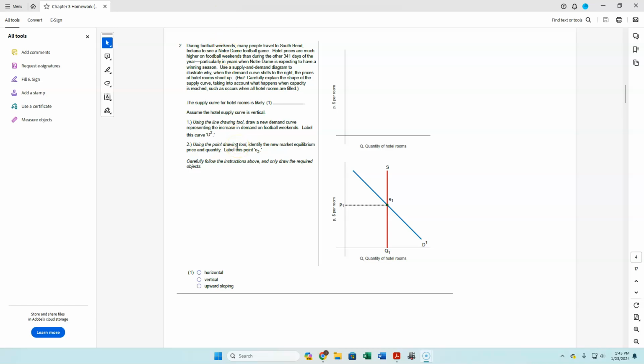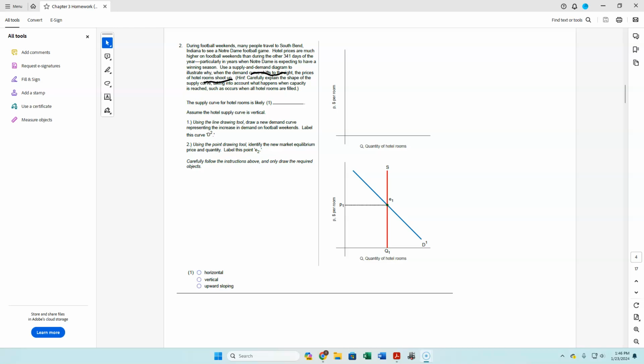What we're trying to guess here is what the shape is going to be of the supply curve. And we have to do that given this evidence that we've got the demand curve shifting to the right, that the prices go up dramatically.